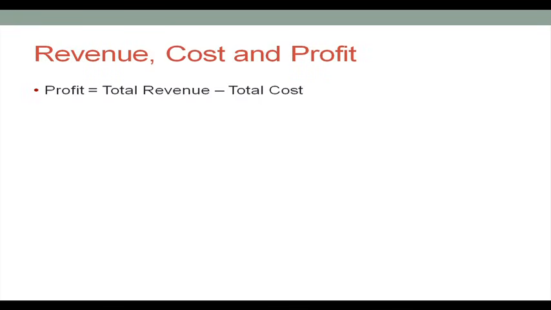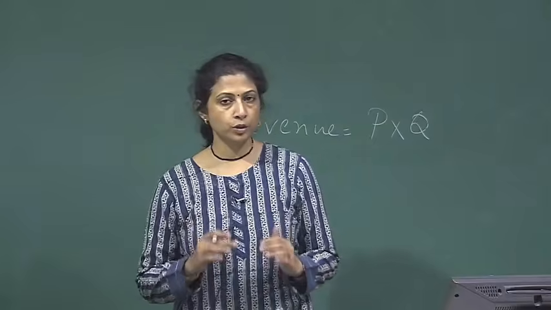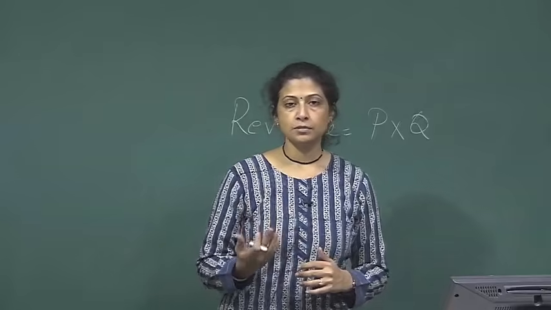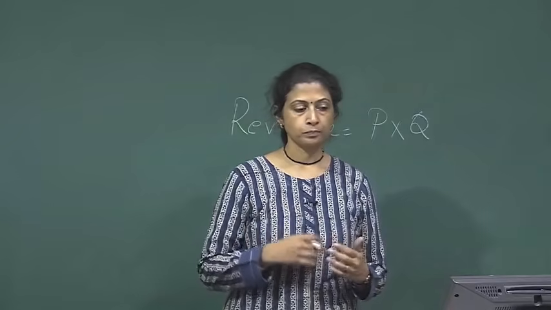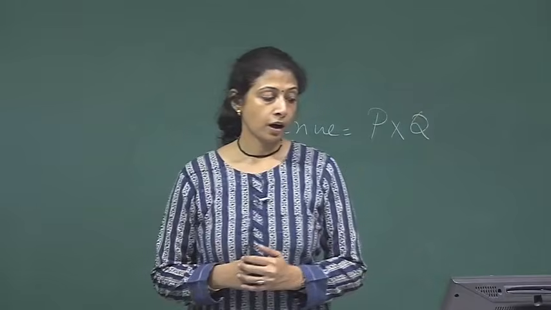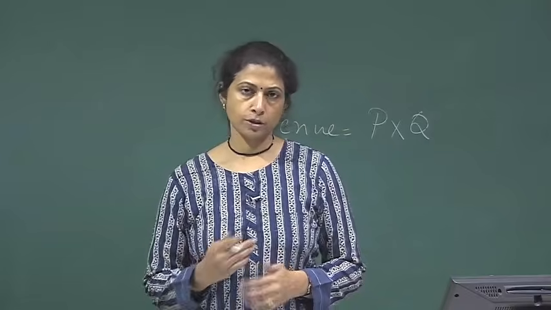Coming back to the slide, profit is total revenue minus total cost, and the assumption that we will be making throughout this lecture is that the firm's objective is to maximize profit. Not only in this lecture, in the entire course, we are assuming that the firm's objective is to maximize profit.